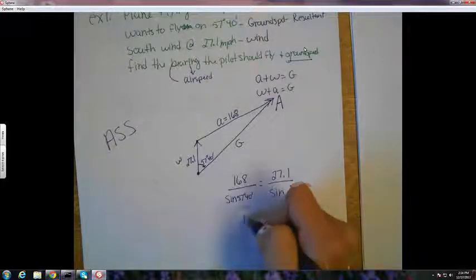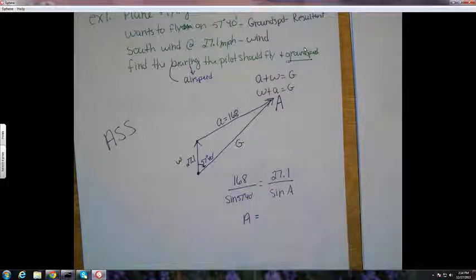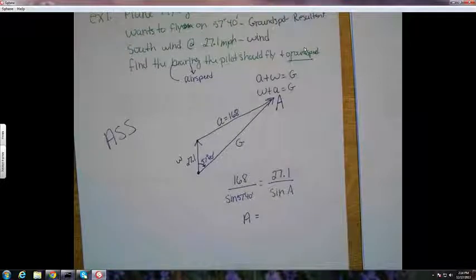Do your cross multiplying, dividing, inverse sine. Once we've got angle A, we'll grab a program and solve the rest of the triangle. This is definitely more of an extra-credit style problem. We have to do extra work by hand.